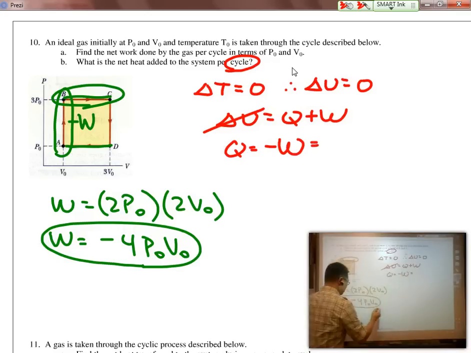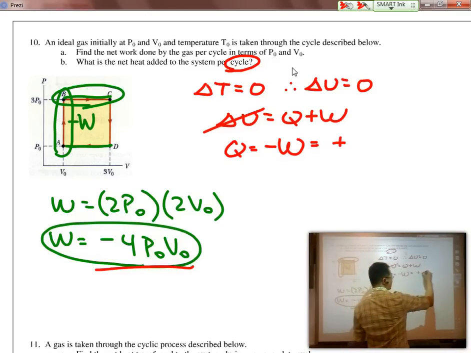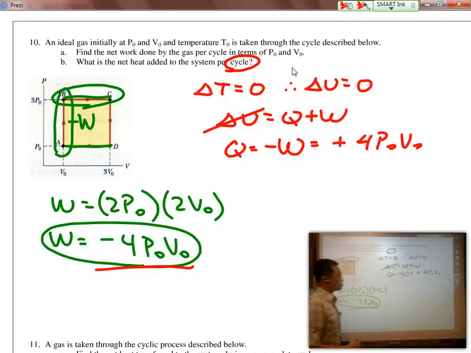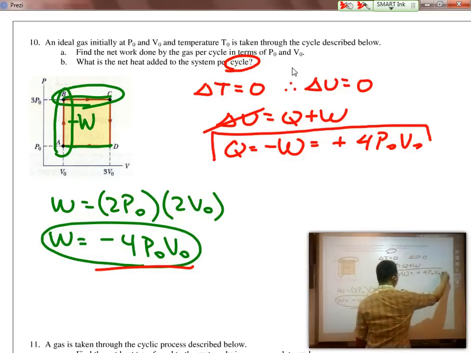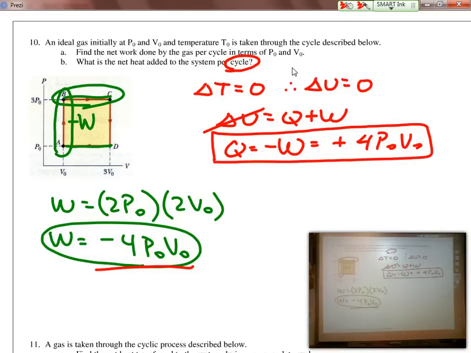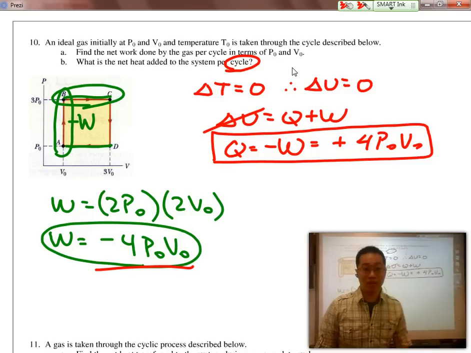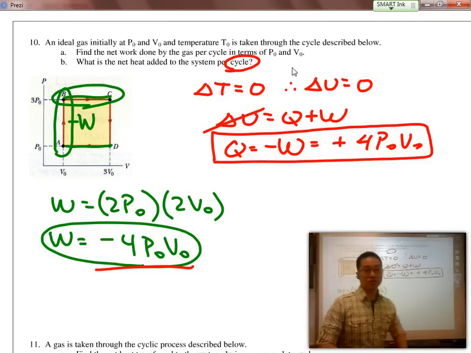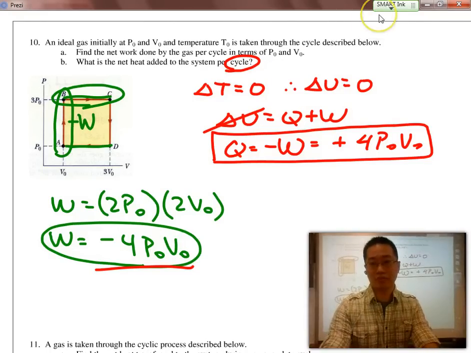So in this case, it would equal positive 4 PO VO. And there's my answer for part B, for the cyclic question. So whenever I have work being done, the exact opposite is happening with heat, okay? So that is a cyclic reaction.